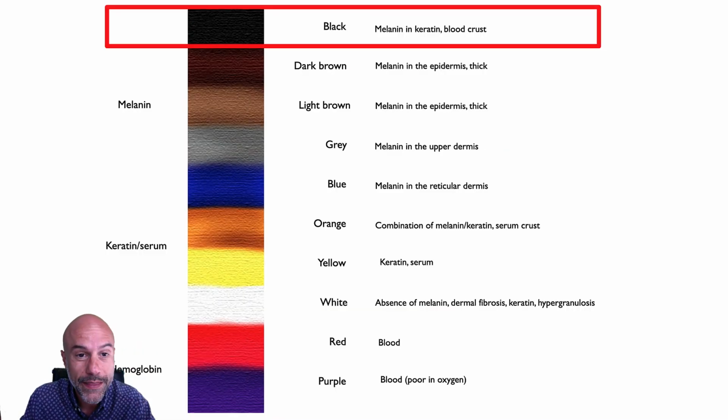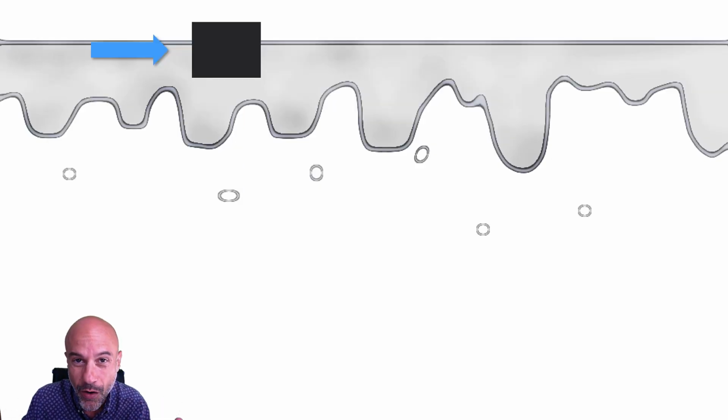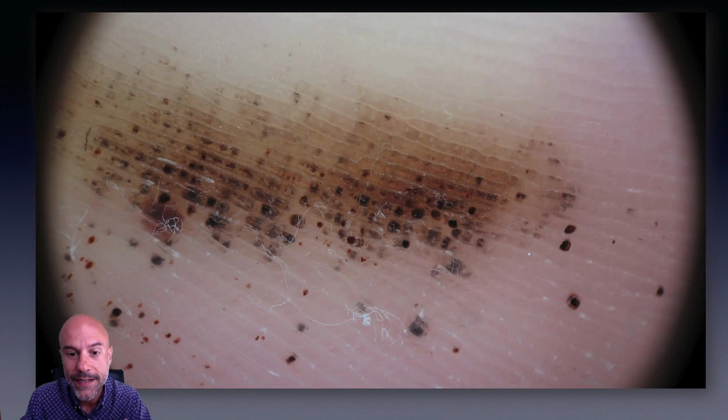Now, let's start with a few basic structures, pigmented structures, starting from black color. As I said, black color usually corresponds to something very, very superficial. And as already mentioned, when I was speaking about the chromophores, black might result from superficial melanin, or black might result from blood, such as this hemorrhage.